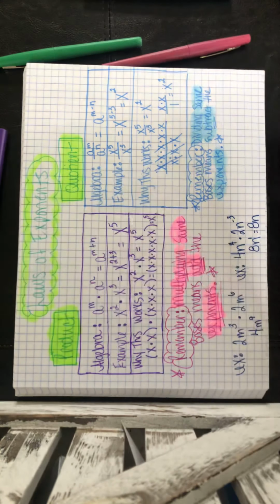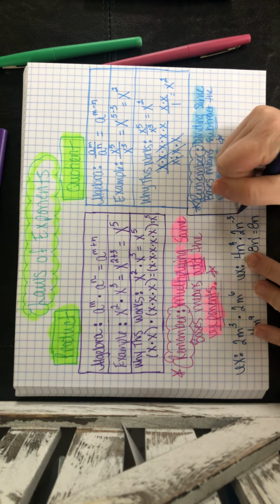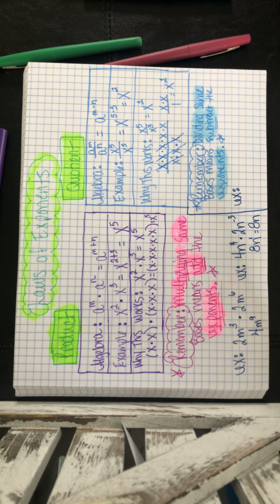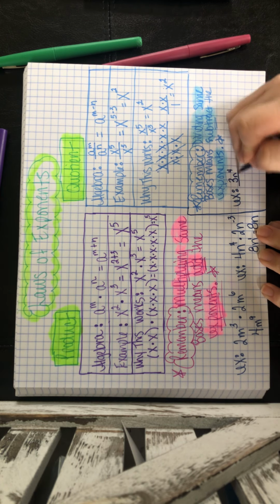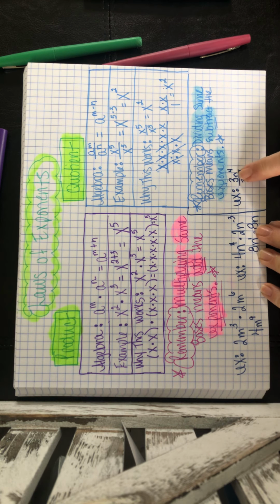So let's look at an example. I'm going to split this off so that we can have it separated. Okay, so let's look at an example for dividing same bases. So if we have 3n to the fourth over 3n to the third, basically this says 3 times whatever n is to your fourth power. This is 3 times whatever n is to your third power.